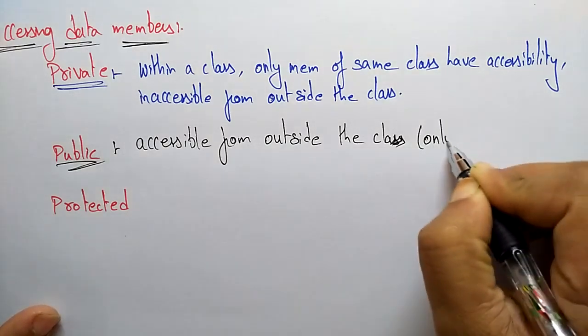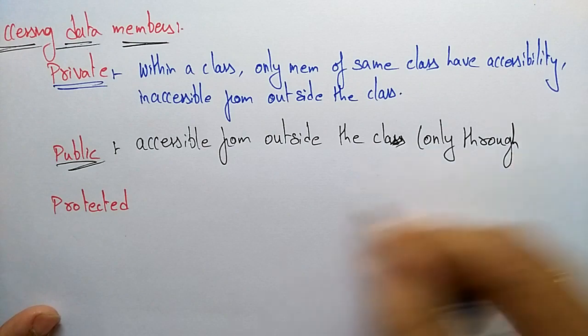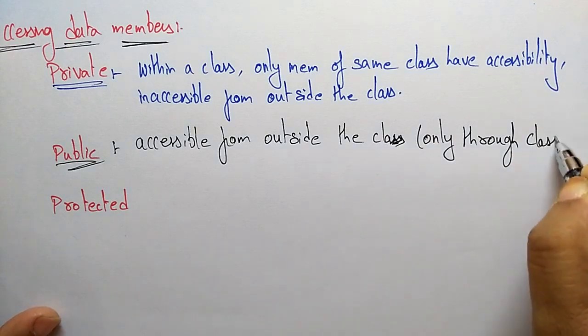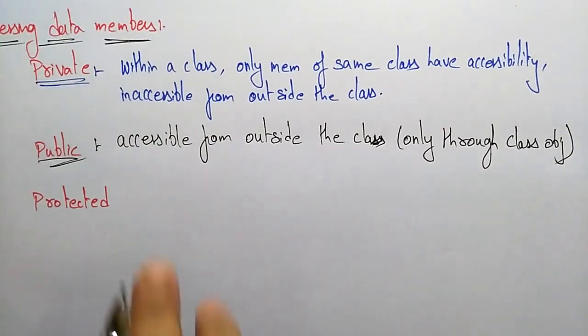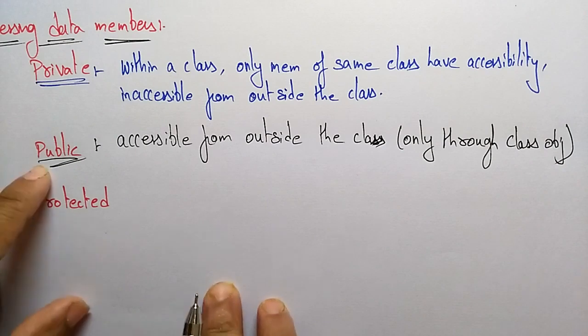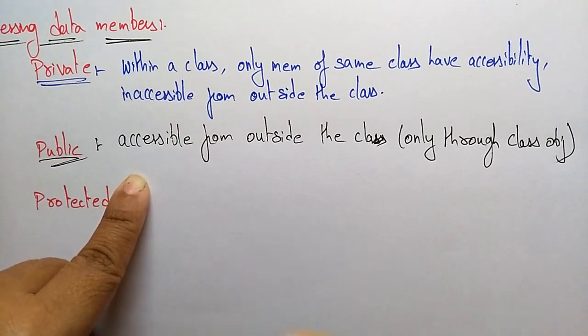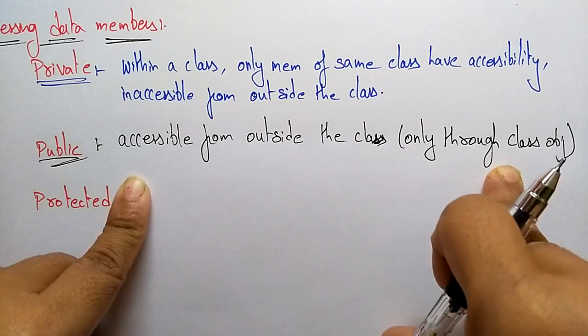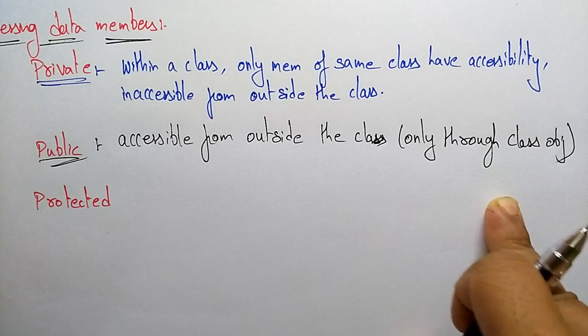Only through class objects. You can access variables declared as public from outside the class only with the help of class objects.